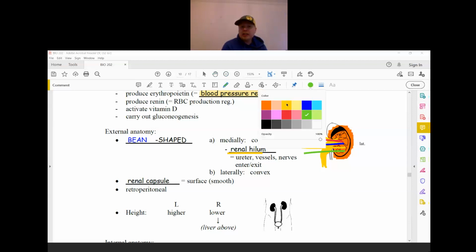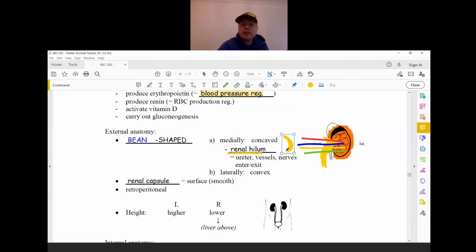And that was on the concave medial side. The lateral side is convex, and that's kind of a larger, smoother, rounder curvature. One thing that's noteworthy is that the kidney is very smooth and shiny on the surface.